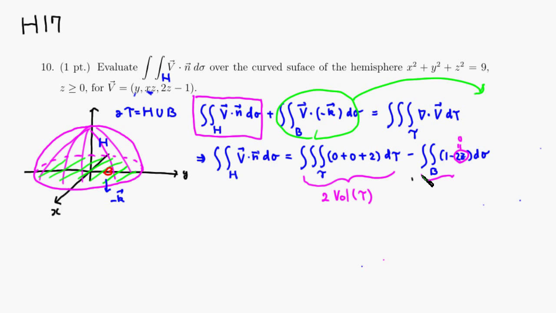This one is integrating 1, so it's going to be the area of the base B. I'll let you find this one and this one and find the difference. That's going to be the value of the integral that we're interested in. Alright, that's it. I hope this will get you going.